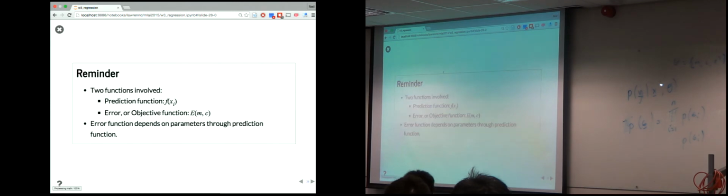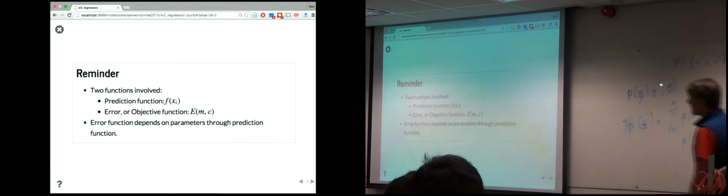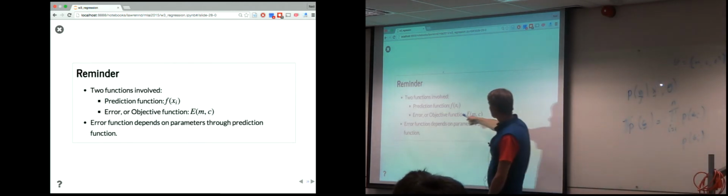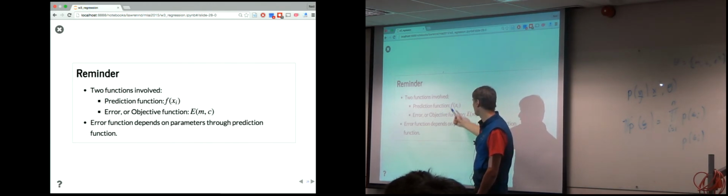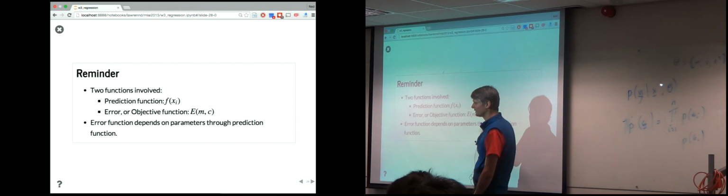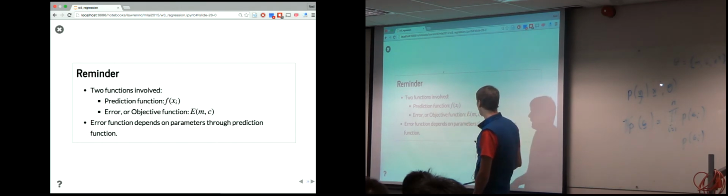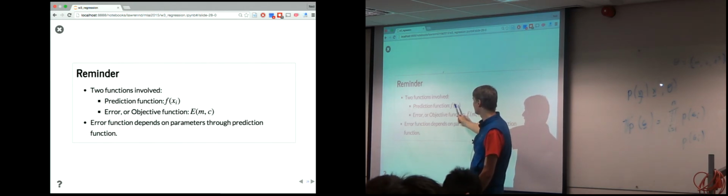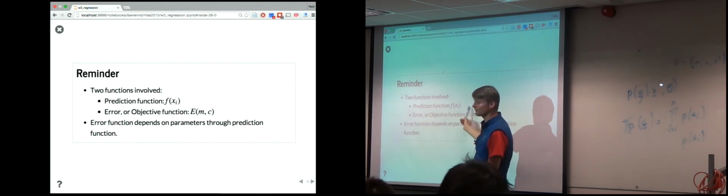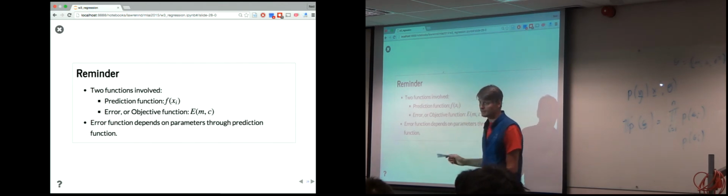But just as before, there's two functions involved. Pretty much every machine learning algorithm will have some setup like this. There's a prediction function and then there's an objective function. So this is the thing you're minimizing, but this is the thing you use to predict. The error function depends on the parameters through the prediction function. I haven't denoted it here, but this is actually a function of those parameters as well. Okay?